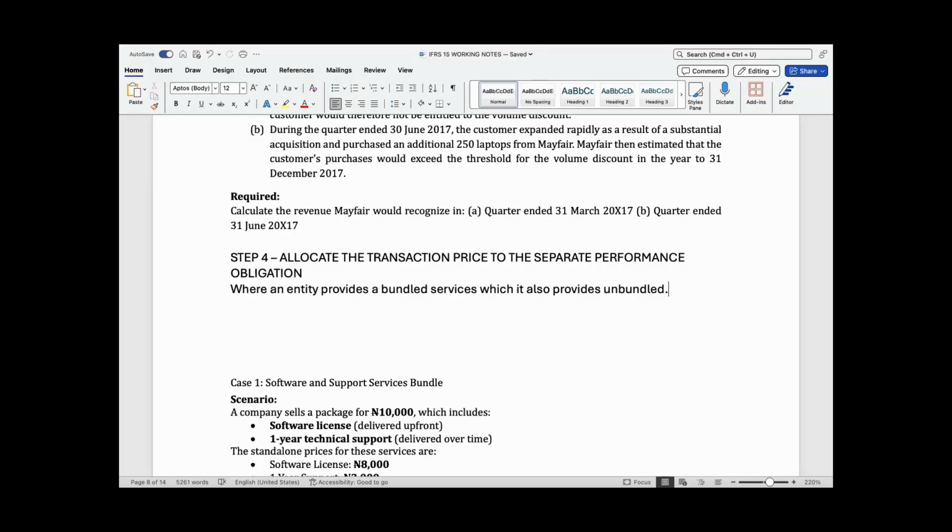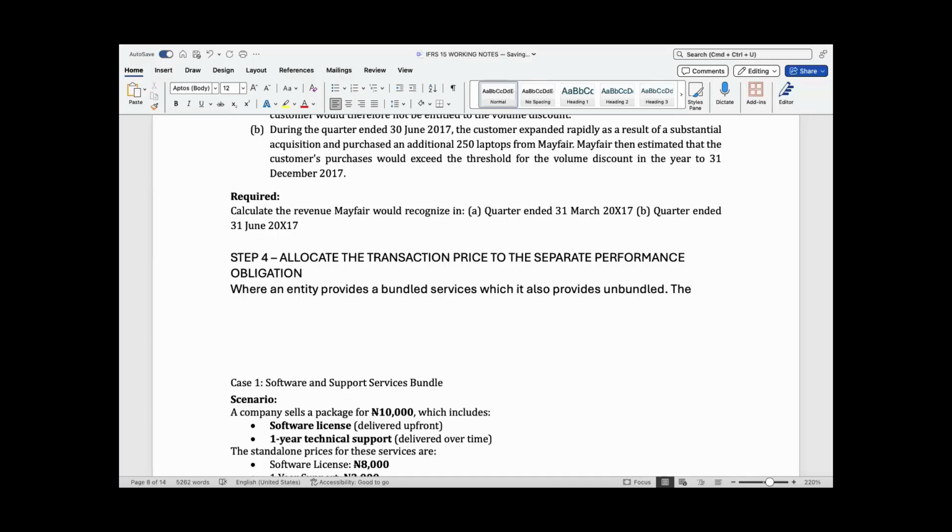But they now decide to come up with a package and say, okay, we want to combine the two services together as one, just so that they would reduce the price and encourage people to do the two. So they are providing that service bundled. That's what I mean by it. Where an entity provides bundled services, which it also provides unbundled.